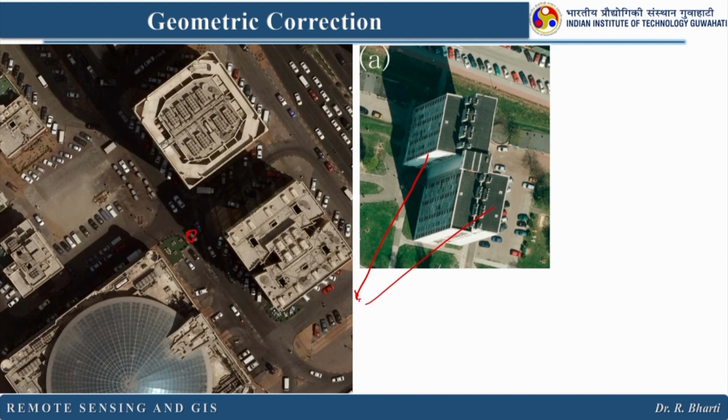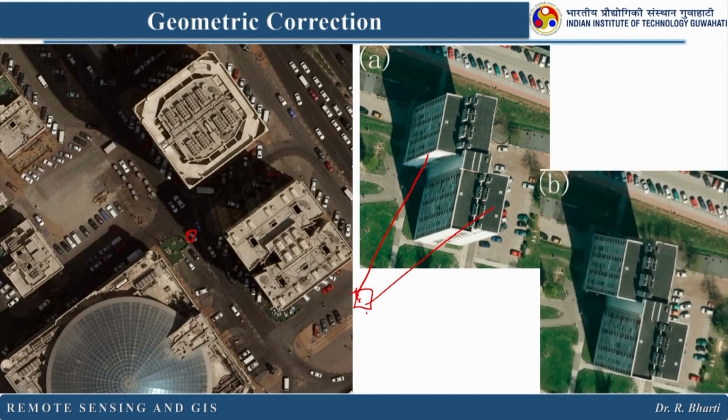Just extend this vertically up, and then you can visualize. So, here if you have this image, there will be no side view for this pixel, but pixels away from the nadir may have information from their sides, right. That indicates the sensors which have been used to capture this image were not nadir looking.